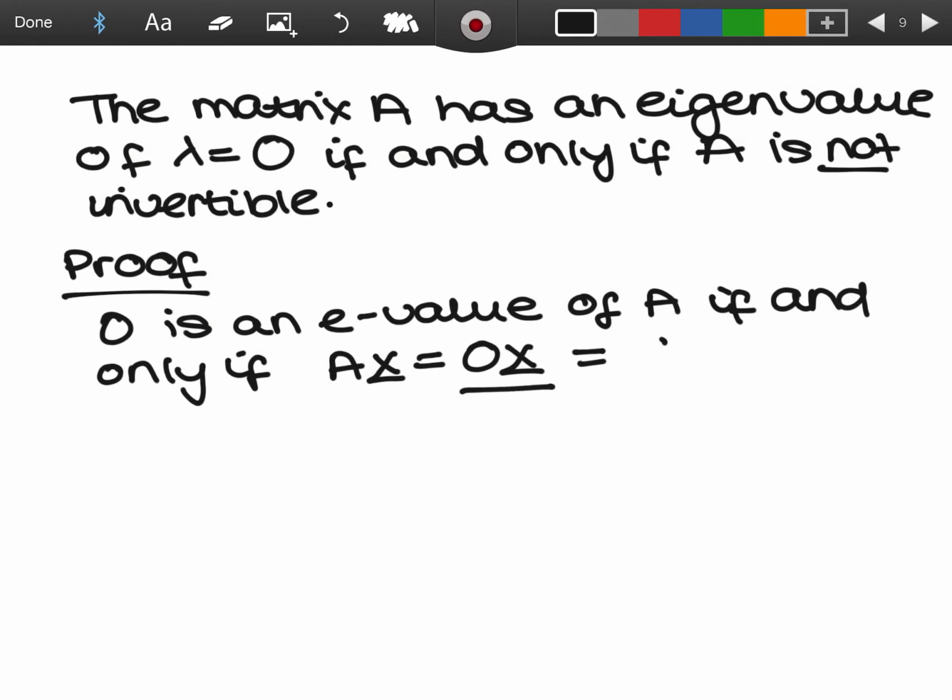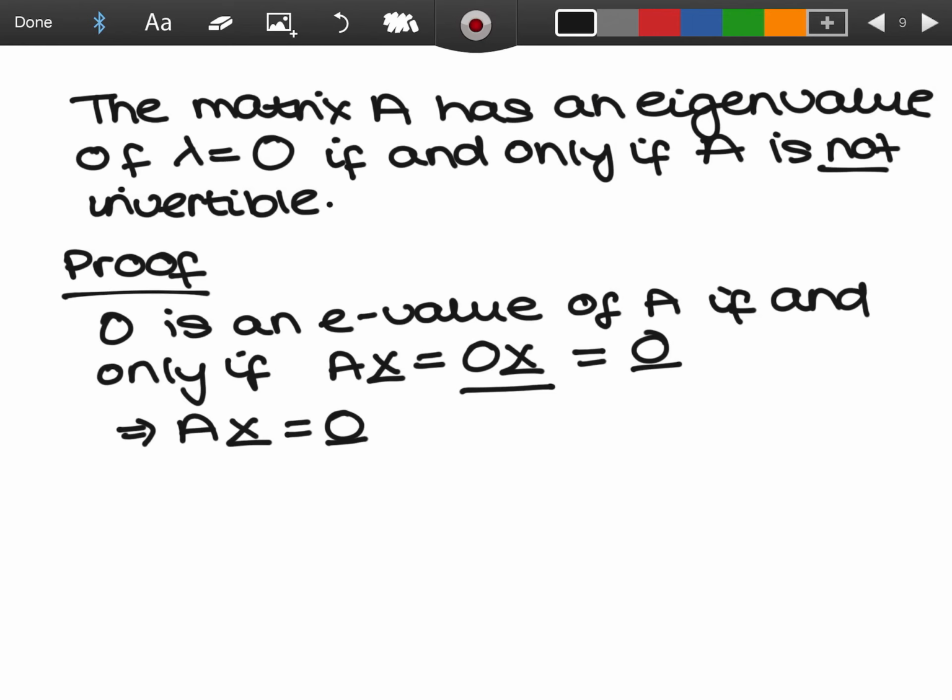Okay, that's the definition of an eigenvector and an eigenvalue. Well, if I take 0 times a vector here, that's just a 0 vector. So that means that A times X is equal to 0.